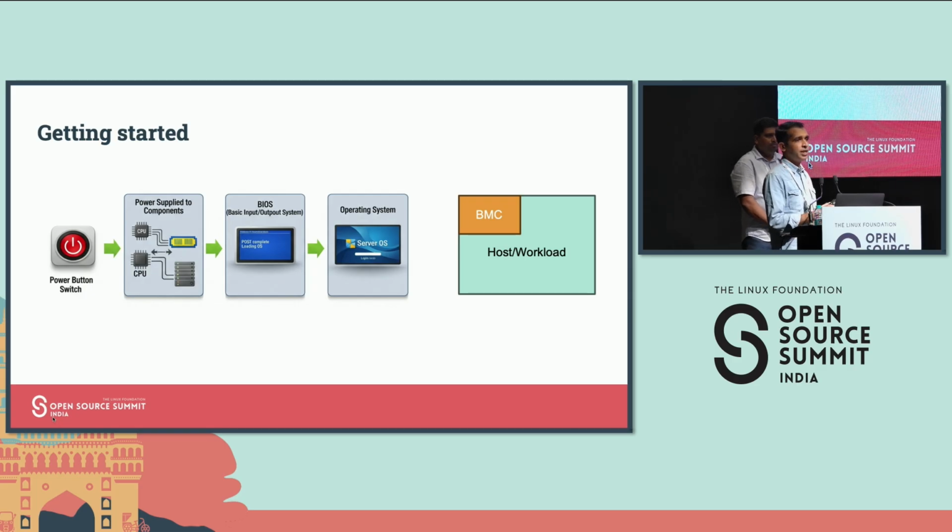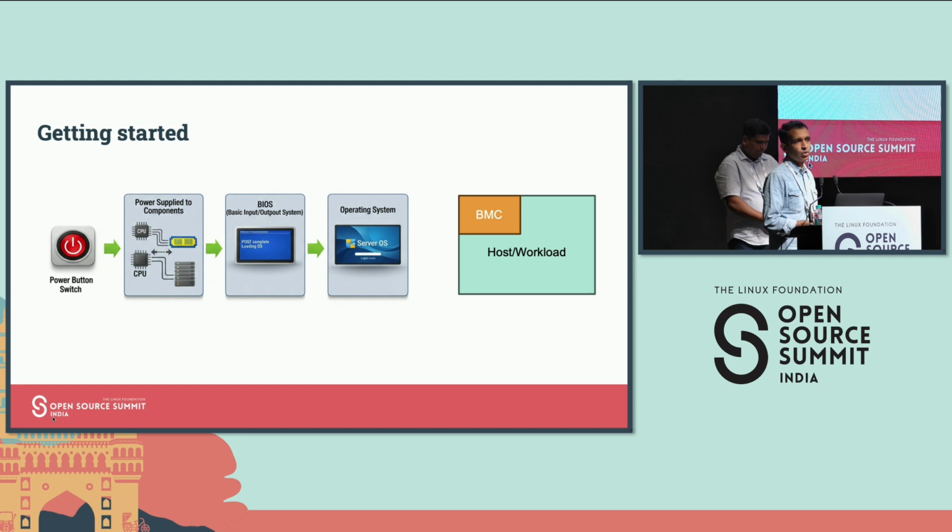The manageability section is about monitoring and managing or controlling the server hardware. Those aspects come under the BMC, or baseboard management controller. The host side is mostly the workload, or the CPU where the actual workload runs.